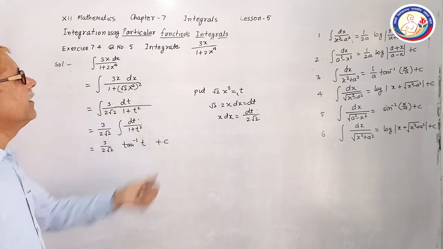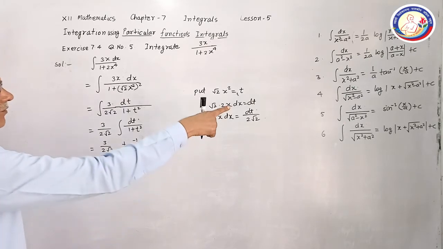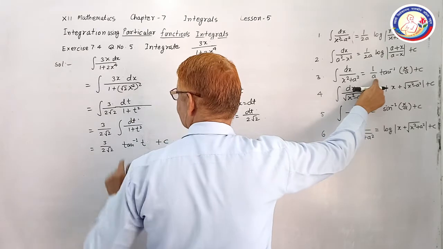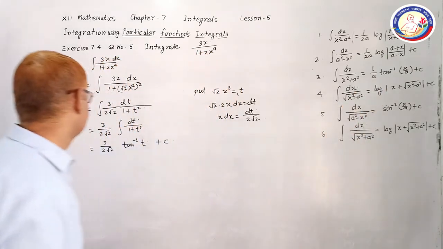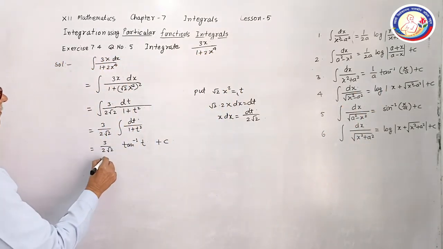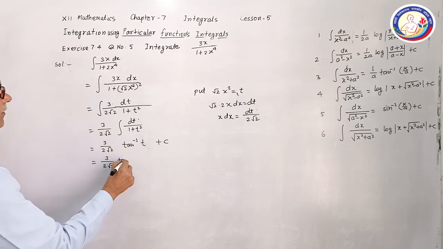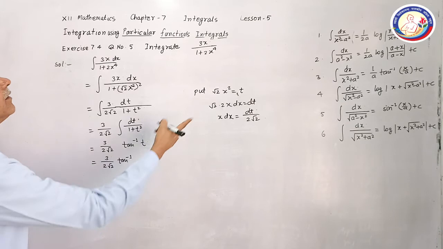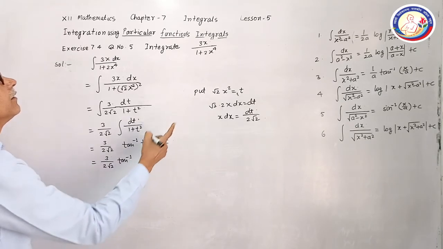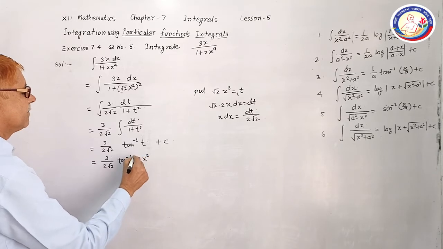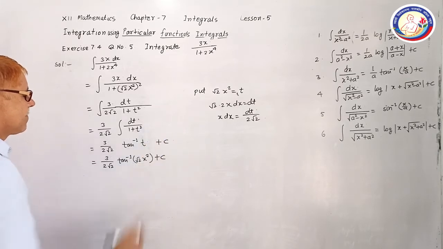Put the value of t again here. We have used the formula, where a is 1 here. 3 upon 2 root 2 tangent inverse root 2 x square plus c. This is the answer.